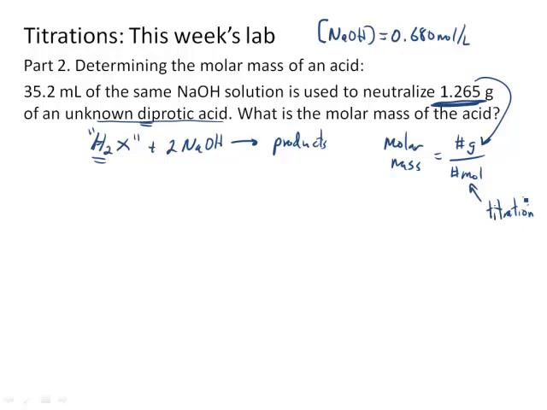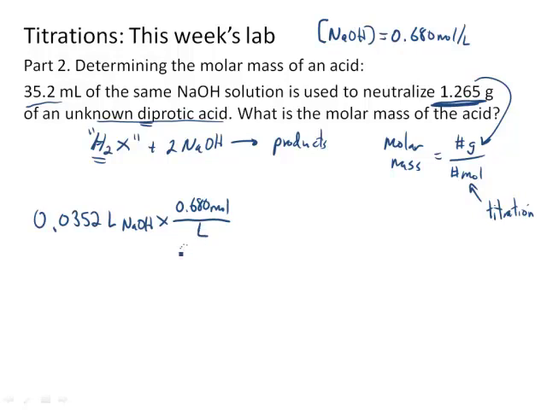In the titration you use 35.2 milliliters of NaOH. So that's 0.0352 liters of your NaOH. And you now know how to convert that to moles, because you now know it's 0.680 moles per liter.